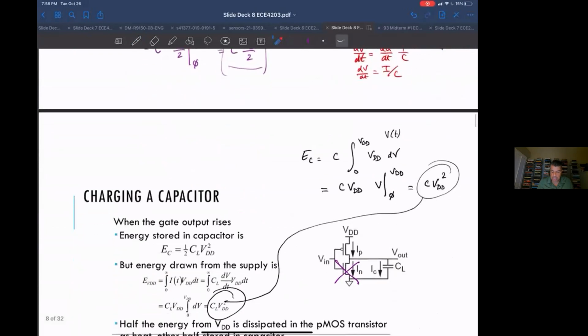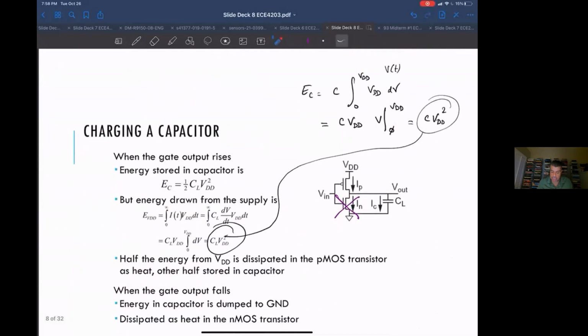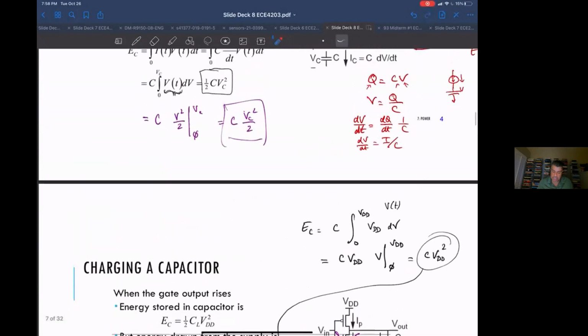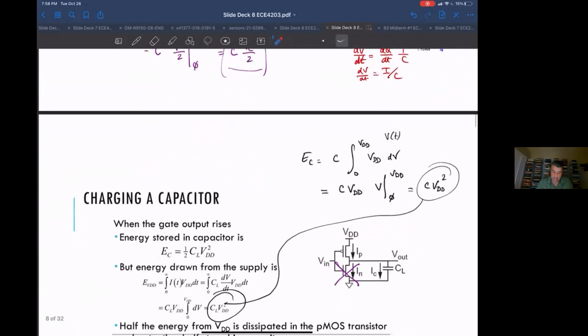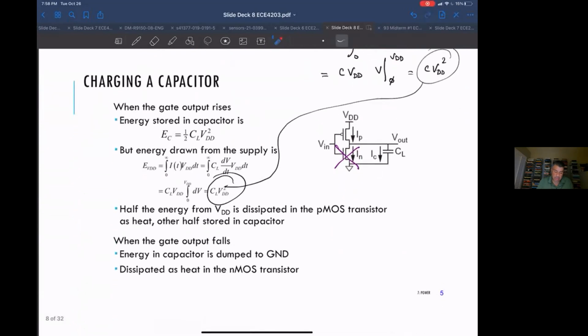It kind of makes sense if you think of it this way: the capacitor is ramping up over this amount of time, whereas the supply is just constantly coming out. So basically we're drawing twice as much energy from the supply as we're using to charge up the capacitor.